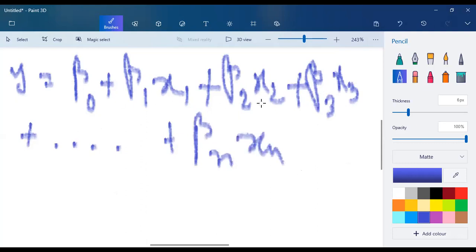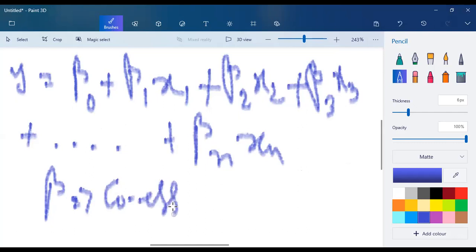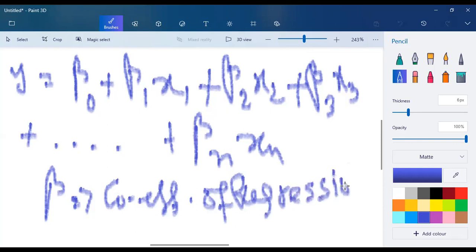where these beta 1, beta 2 are basically the coefficients of the regression model, right? So x1, x2, x3, xn are basically the predicted values, with respect to the coefficients beta 0, beta 1, beta 2, beta 3, and so on.